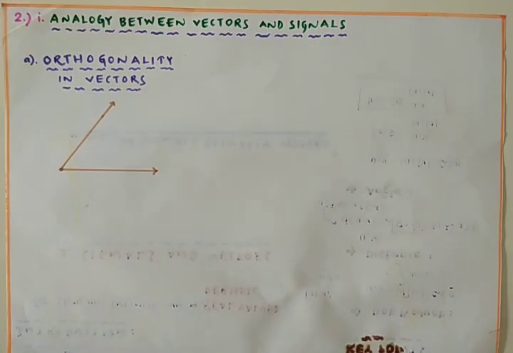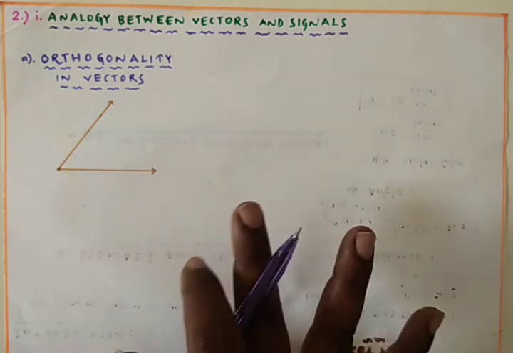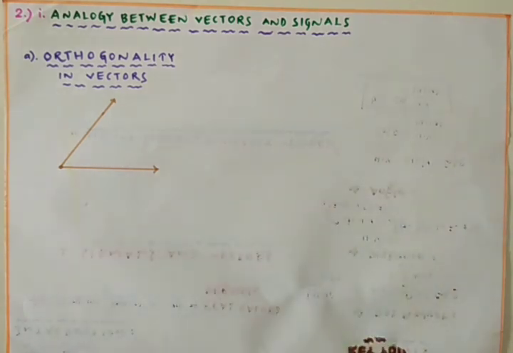Then I am going to verify the orthogonality in vectors. Orthogonal is nothing but statistically independent. After studying the orthogonality in vectors, we are going to apply the same concept to orthogonality in signals, and from the orthogonality in signals we can expect one short answer question.